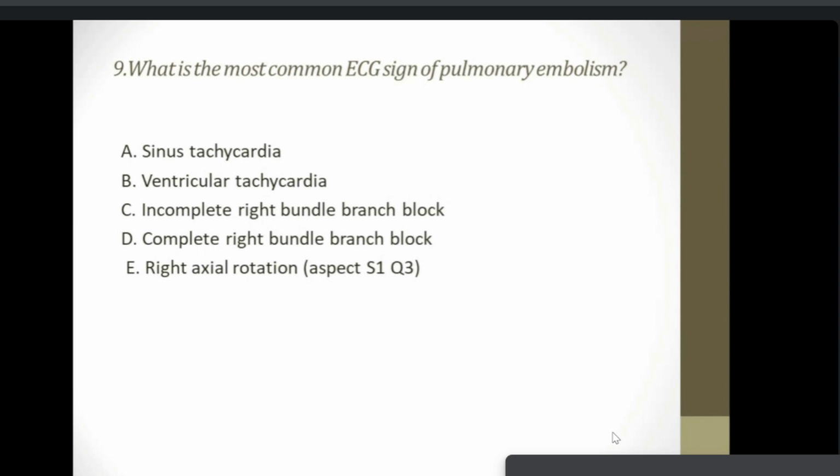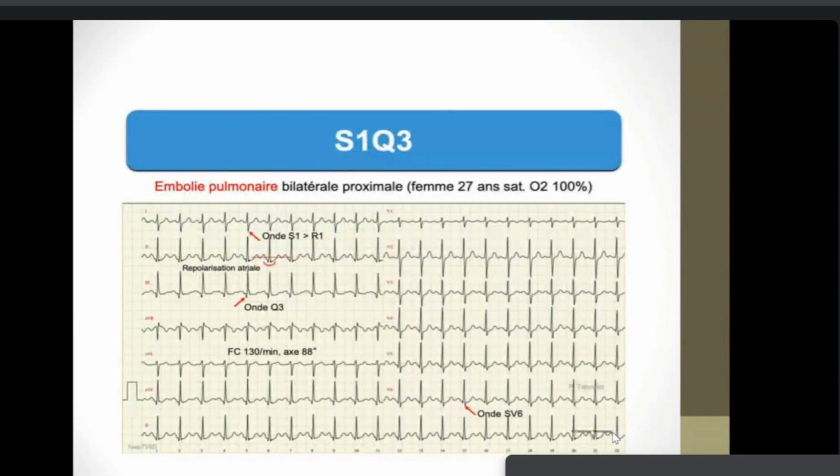So for this question, the correct answer is A. All of you answered correctly. For the S1Q3, S1 refers to a prominent S wave in lead 1, and the Q3 refers to the presence of a deep Q wave in lead 3. That's why we have this aspect in pulmonary embolism, which is S1Q3.